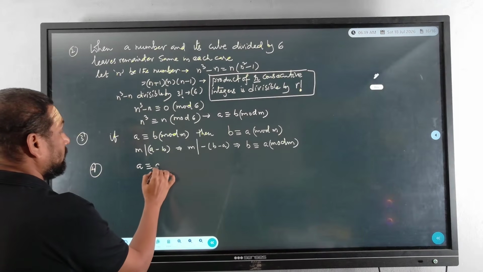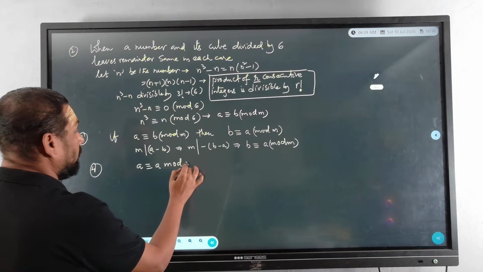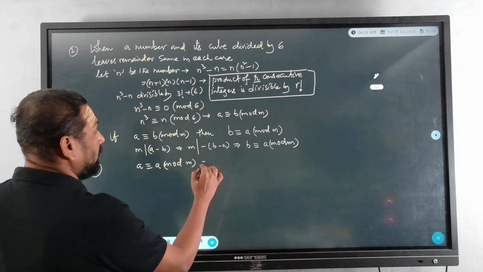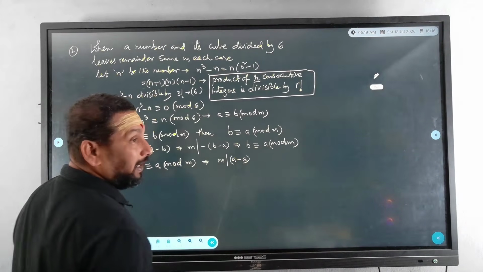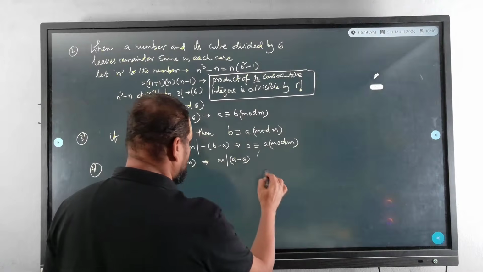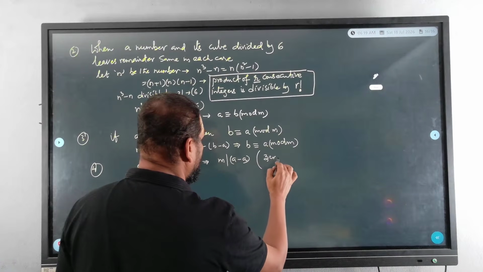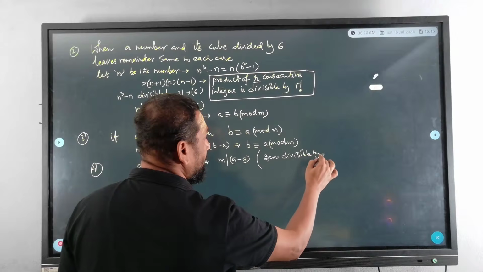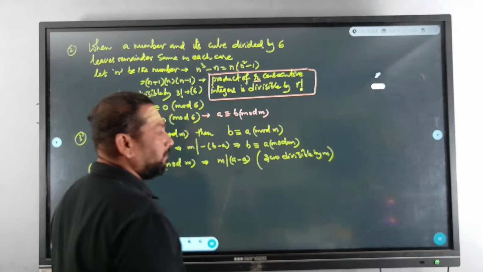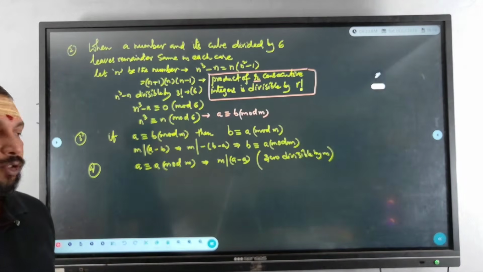Next, a congruent to a mod m, that is, m divides a minus a. 0 is divisible by anything, so 0 is divisible by m.